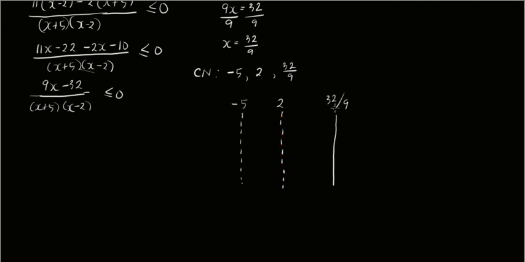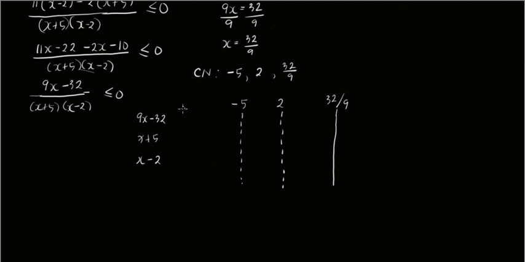Okay. And then, ilagay lang natin dito sa tabihan yung mga factors of the numerator and denominator. So, the first one is 9x minus 32. First one, x plus 5. And then x minus 2. Okay.